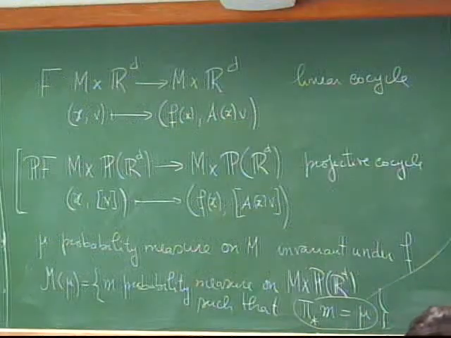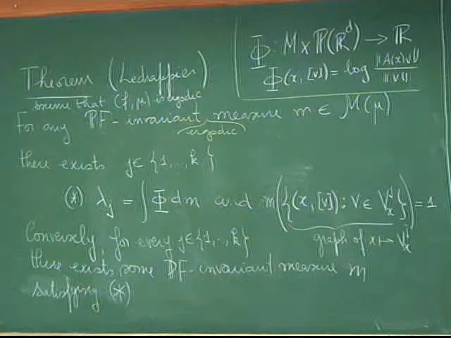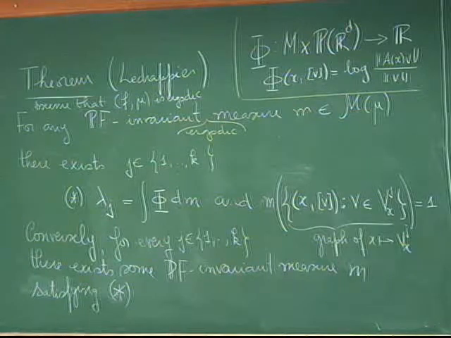Maybe it's good to look at a simple example, simple situation, to at least believe this statement, and then we'll give a proof. So here's a kind of an example.